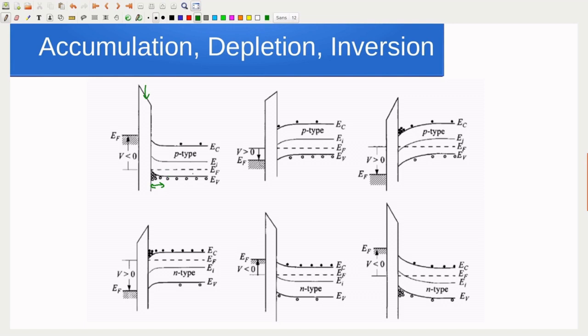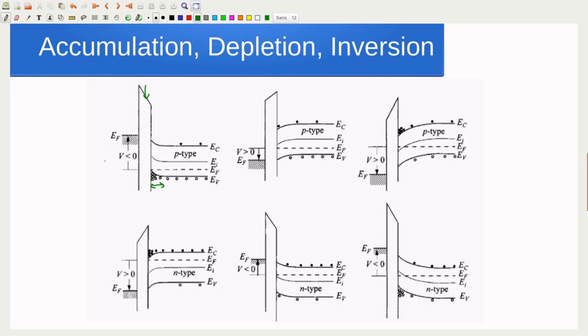And because of this accumulation, the band diagram is bending upwards, and it is also clear from the figure. Now the Fermi level on the metal side and the semiconductor side are not aligned. It was aligned in case of equilibrium condition. At equilibrium, the Fermi level was aligned.